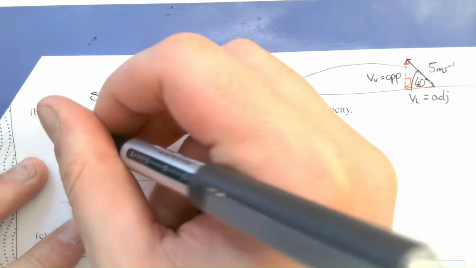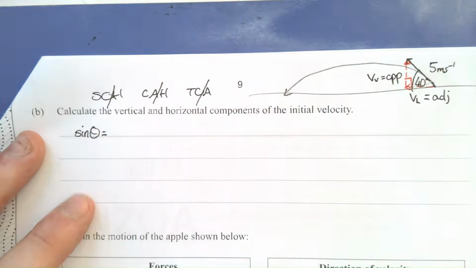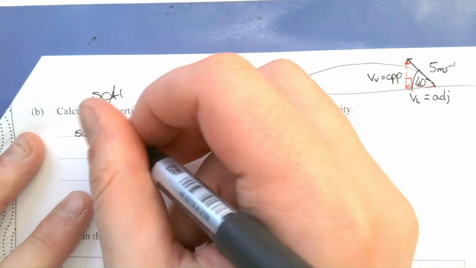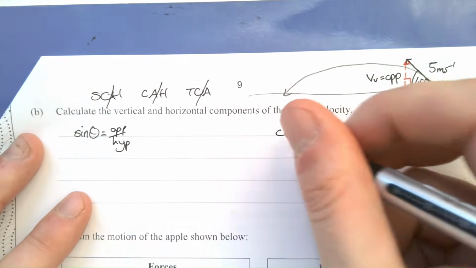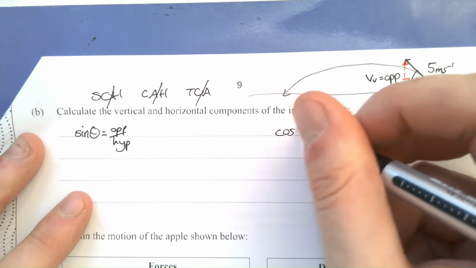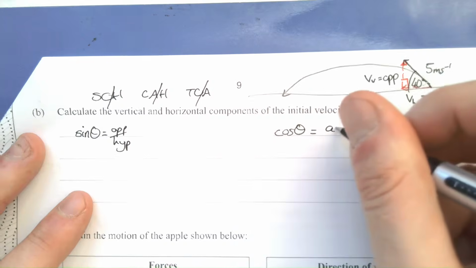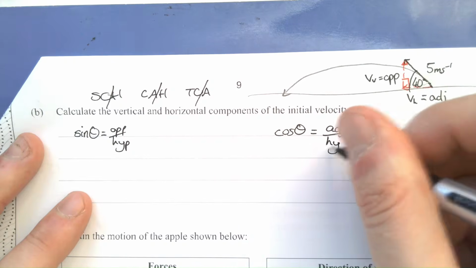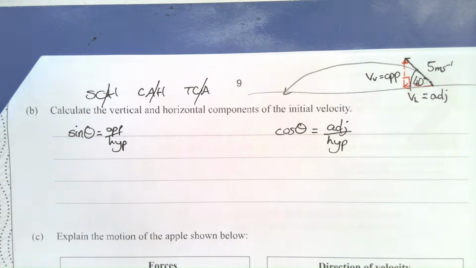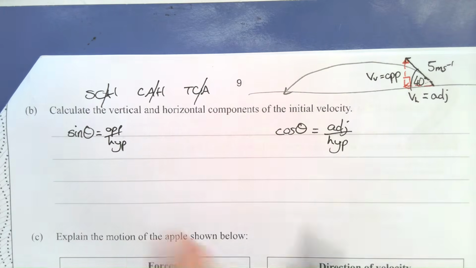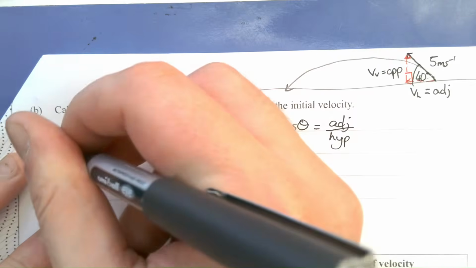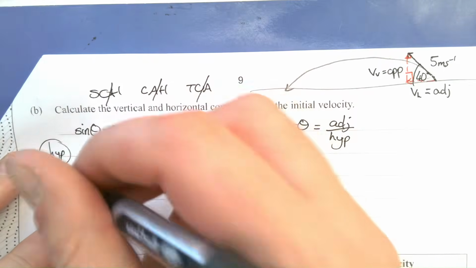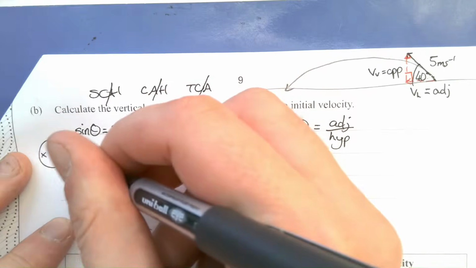So sine theta is equal to the opposite over the hypotenuse. I'm also going to be using, over on the right hand side, cosine of theta is equal to the adjacent over hypotenuse. And for both of them, because I want to get just the adjacent on its own and the opposite on its own, I'm going to multiply both of them by the hypotenuse. You don't need to do it side by side like this, it's just saving me effort.